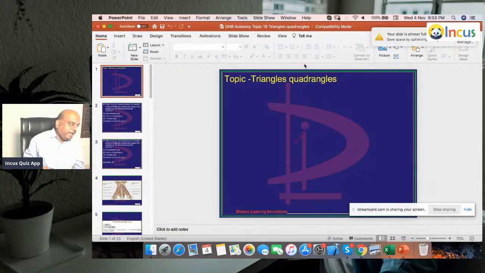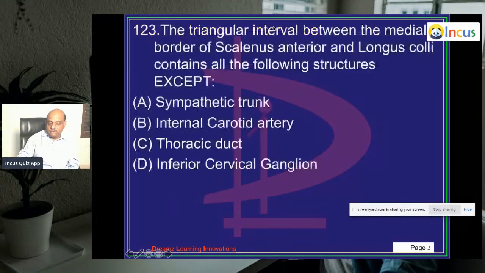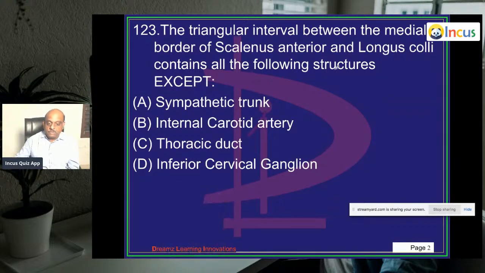Now comes the triangles and quadrangles, the next favorite topic. Between the medial border of the scalenus anterior and the longus colli, what do you have?